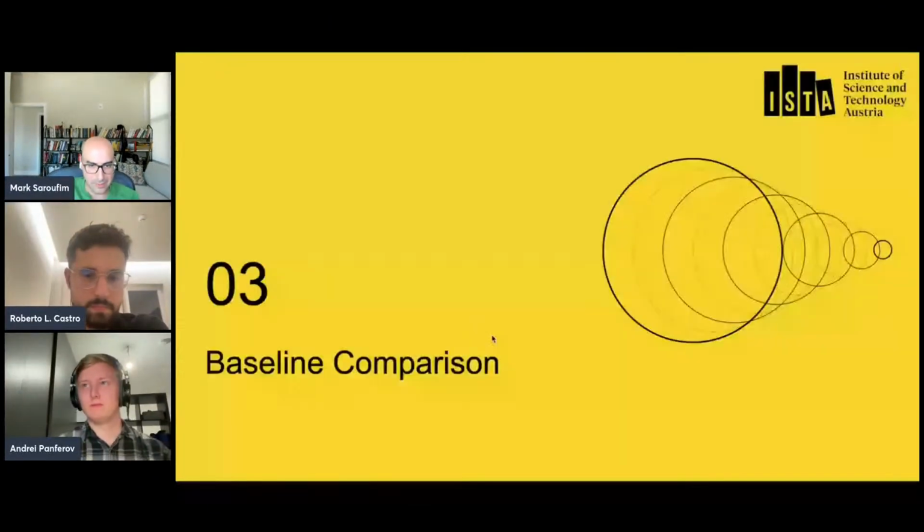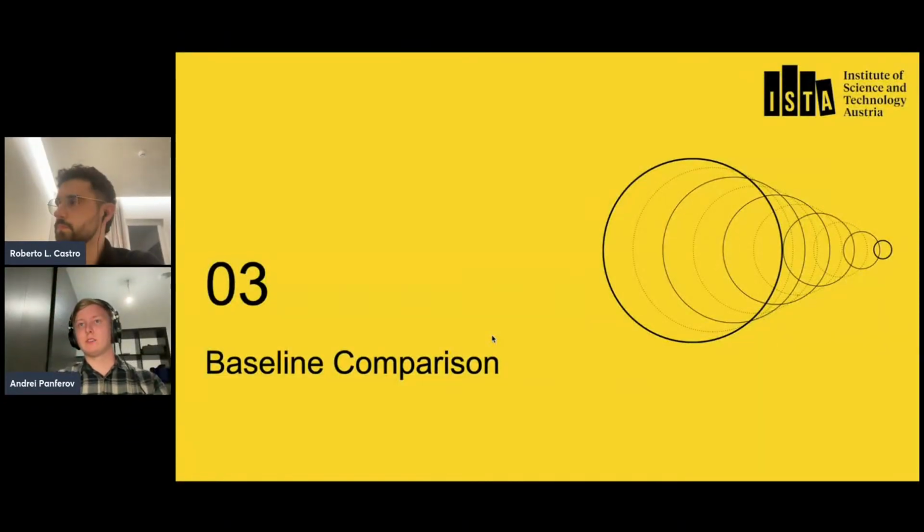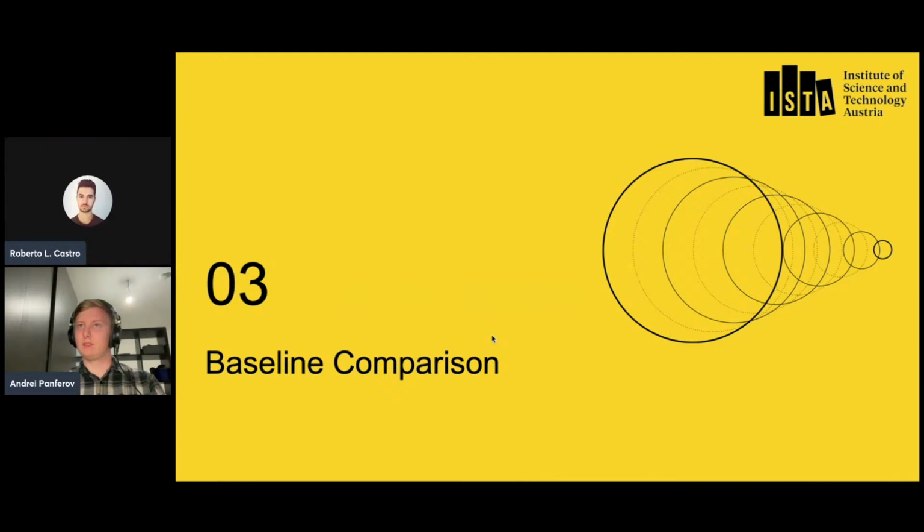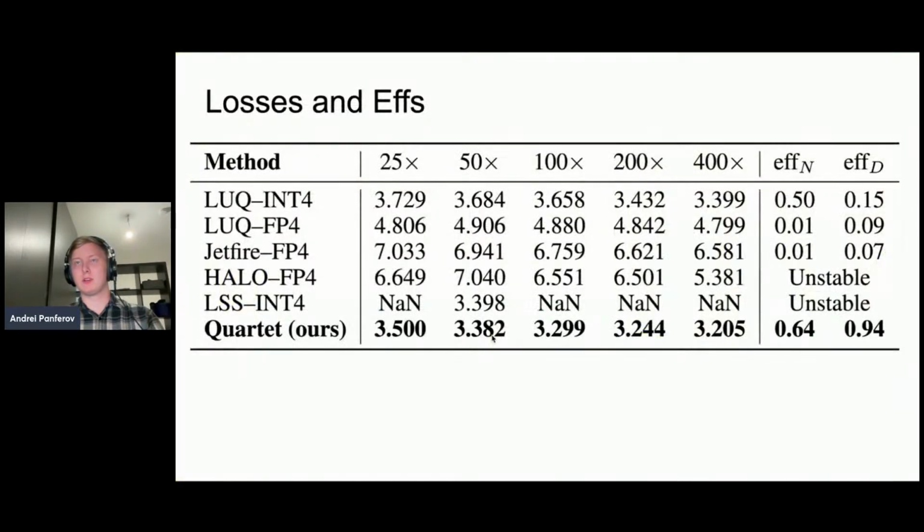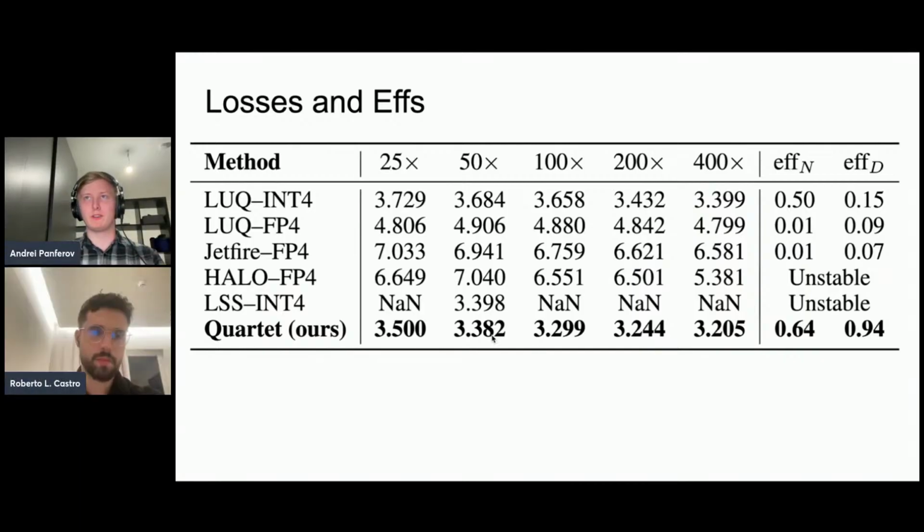Oh, sure. Yes, so at one point I already mentioned that we can use the effective multipliers from the scaling laws to compare methods that are the same precision, and this paper wouldn't be full without a proper baseline comparison. To do this, we pick a bunch of 4-bit methods that were proposed in recent years for 4-bit training of LLMs, or otherwise deep learning models that were adapted for LLMs, and we fit the scaling laws for them.